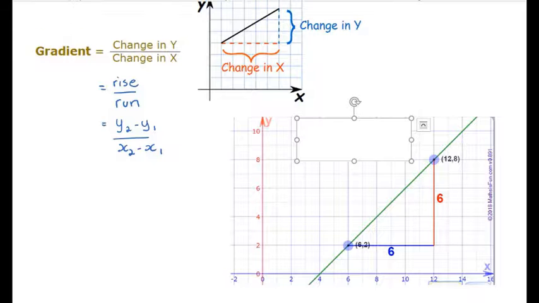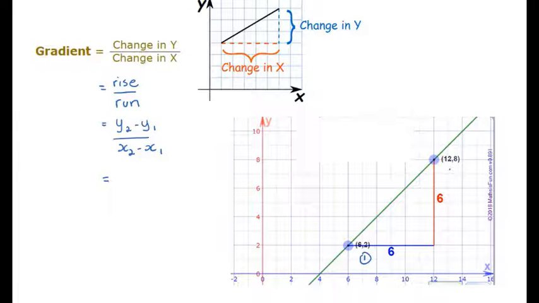So here we have another linear equation, a straight line. And this one, you can see, is just a little bit steeper than the last one. We've got two points here, one at 6, 2, so that's my first point, and my second point is at 12, 8. So the change in y, y2 minus y1, is 8 minus 2, and my change in my x values is 12 minus 6.